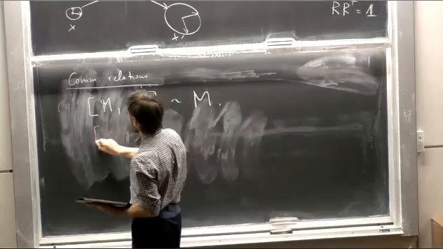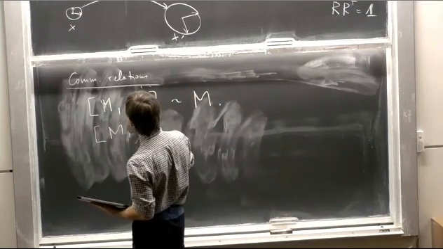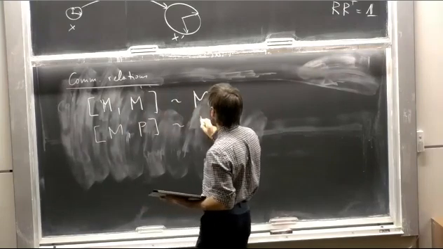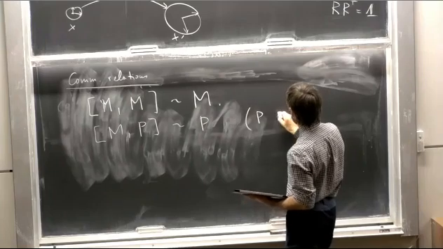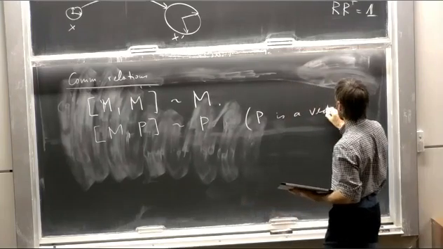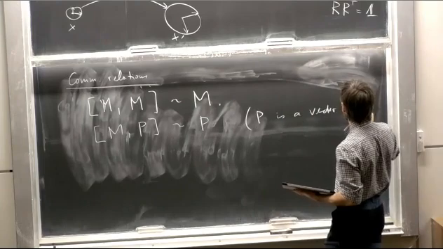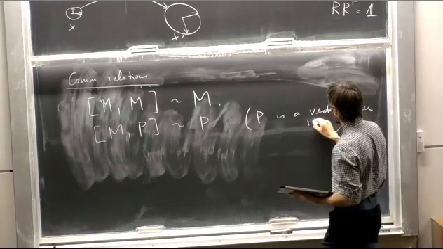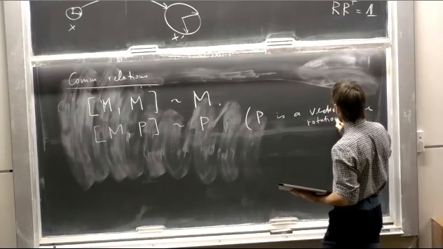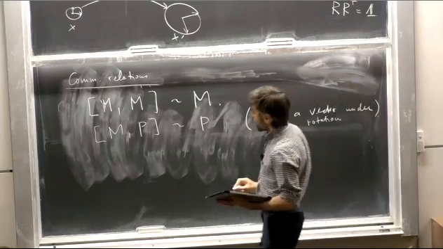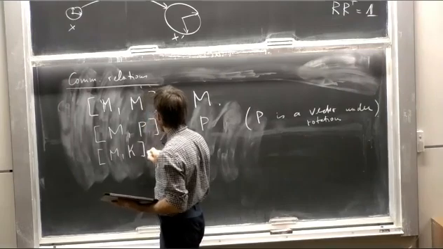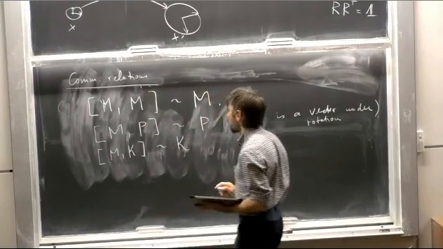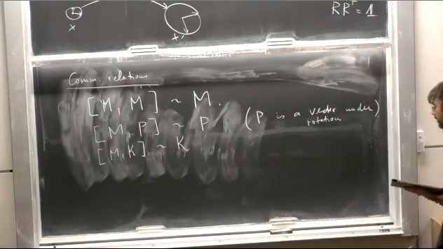Then M with P gives you P, and this just means that P is a vector under rotations. Then M with K is again K, so K is also a vector under rotations.